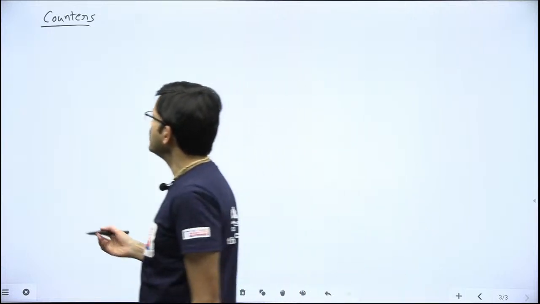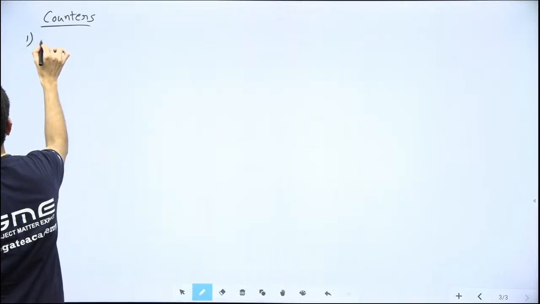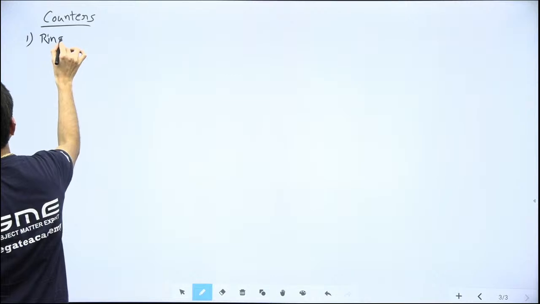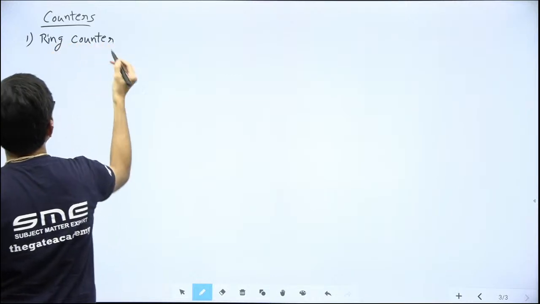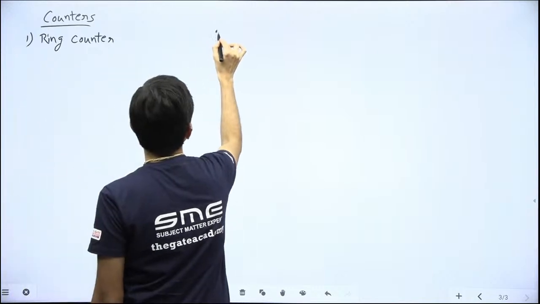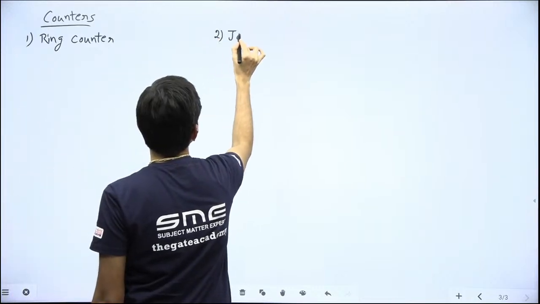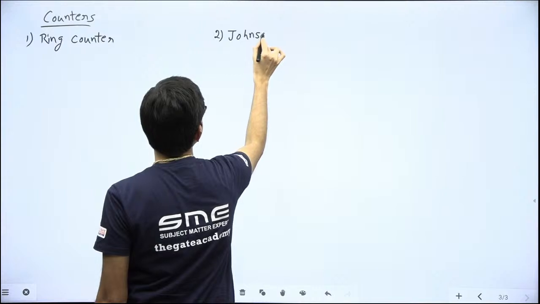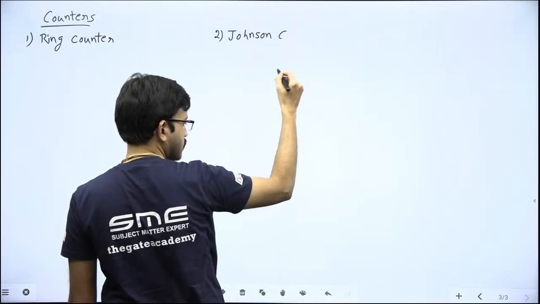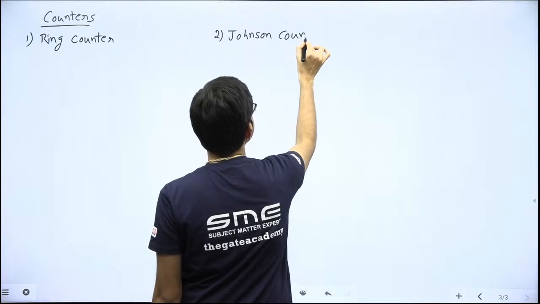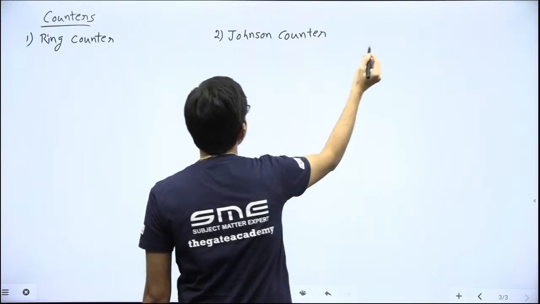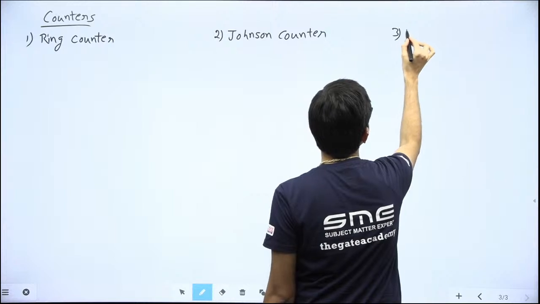Yeah, we have ring counter, then Johnson counter, and then ripple counter.